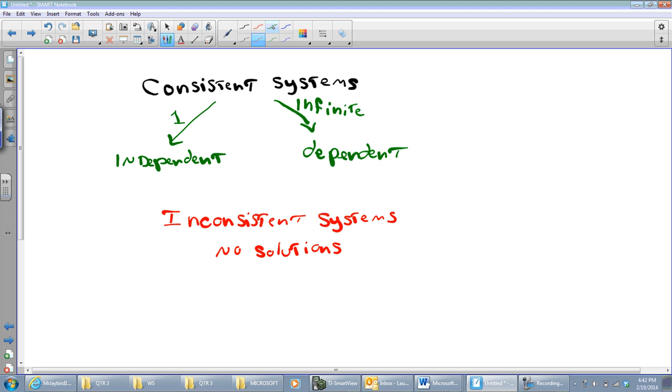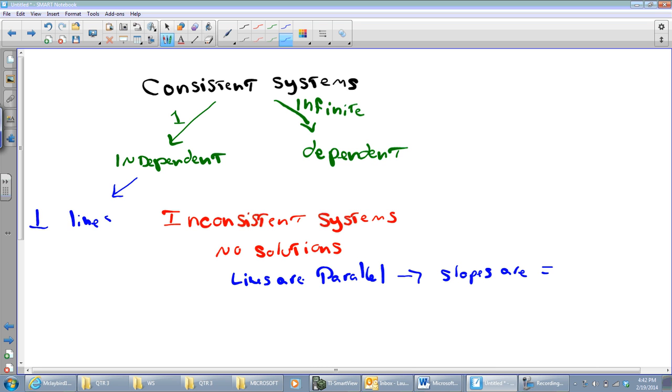Okay? The lines are parallel, which means that the slopes are equal to each other. Now, with consistent independence, sometimes we get perpendicular lines.